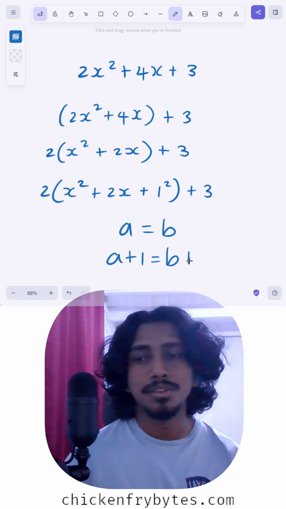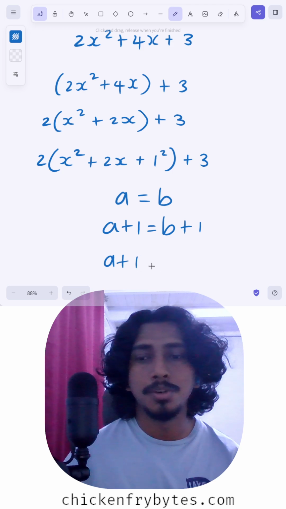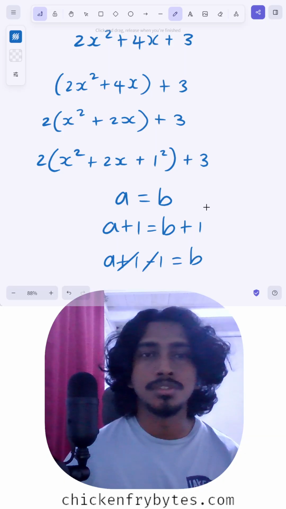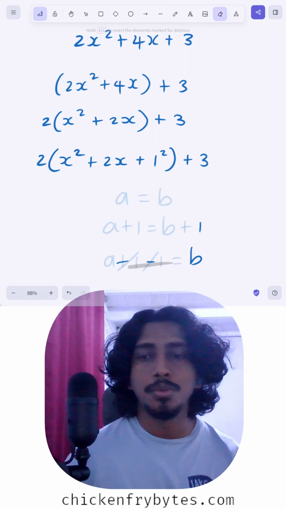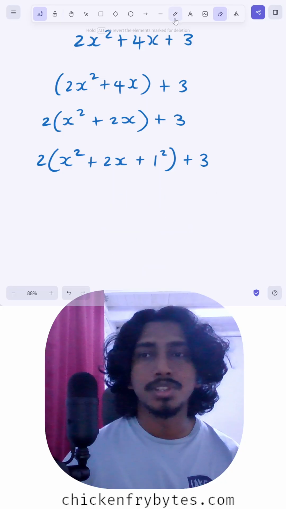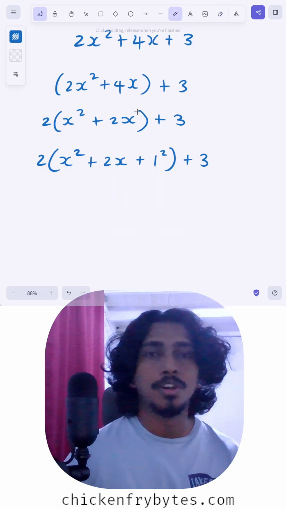So either we can add 1 to both sides, or we can consider adding 1 and subtracting 1. That will still leave a being equal to b. And so in completing the squares, we do something similar, whereby we add something, but we also need to subtract it to maintain the value of the line.